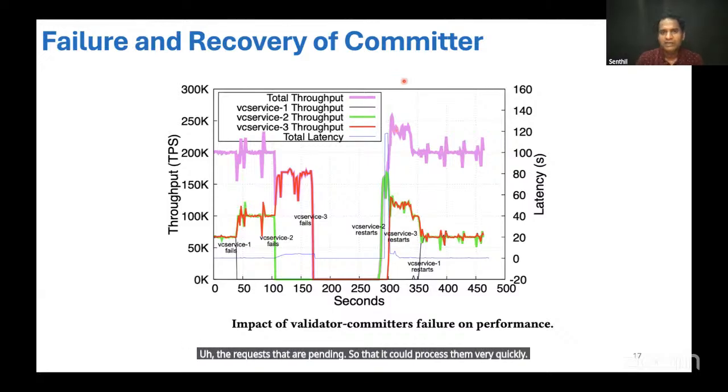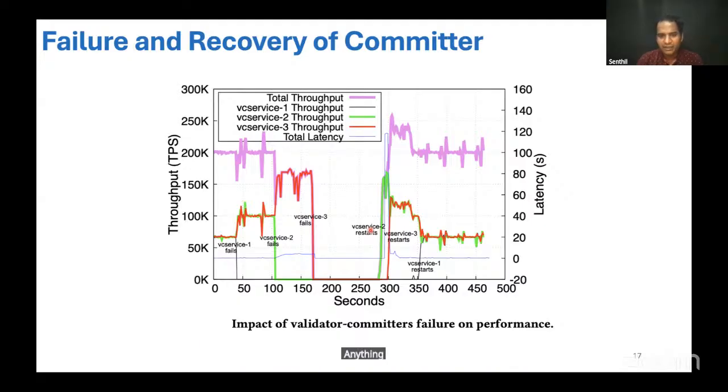As a result, we can see a spike. But after that, once we start the other VC services, it stabilizes and goes back to the old 200K TPS. So this shows that our system is very resilient and any node can fail. This plot shows it for the VC service, but we can kill the same way the signature validator or any of the database nodes, coordinator, or sidecar. Anything can be killed and the system would continue to work.